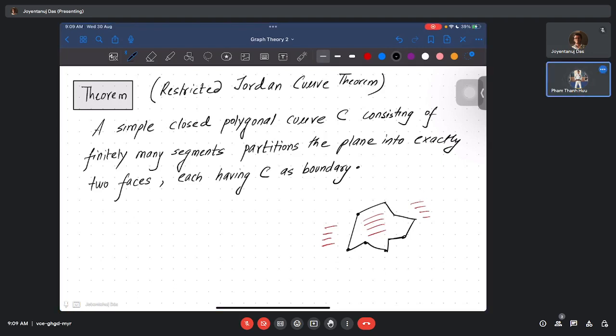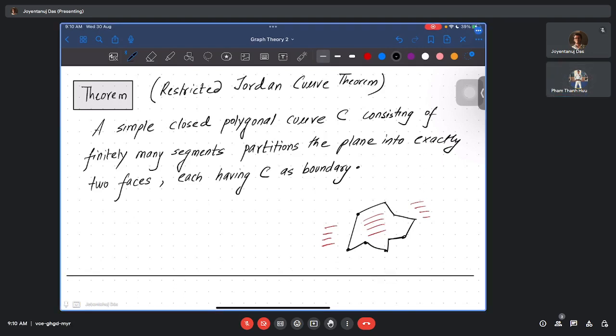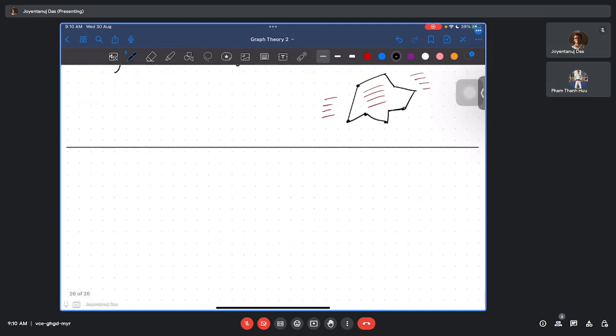I think this is fine, right? Okay. The next definition is the dual graph.